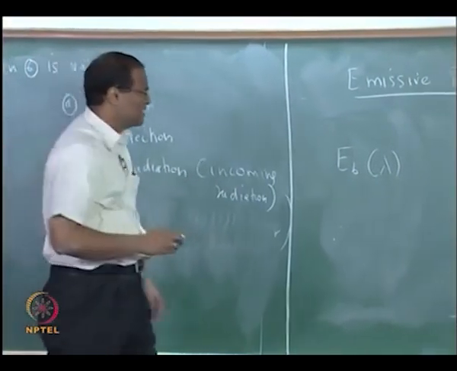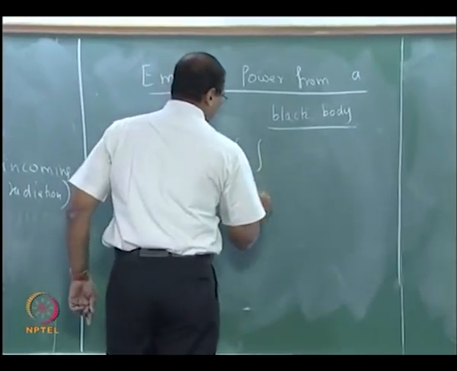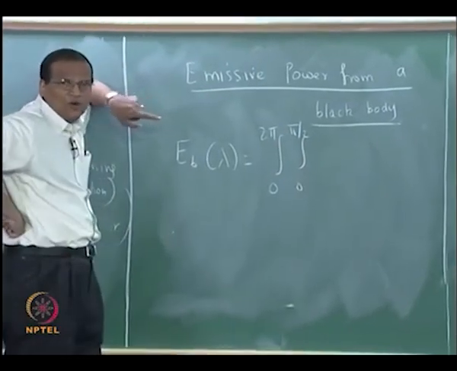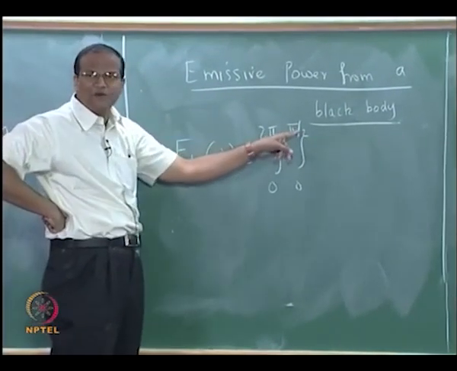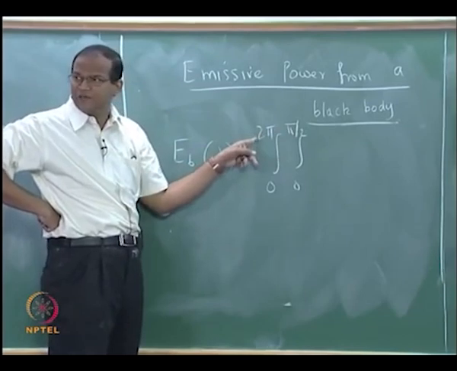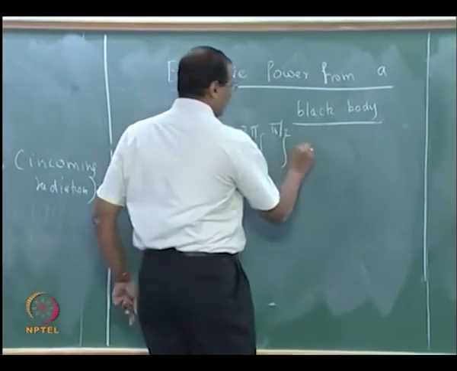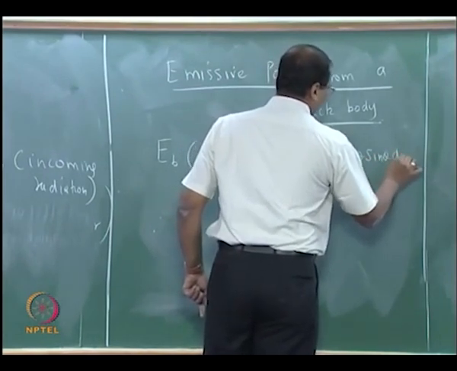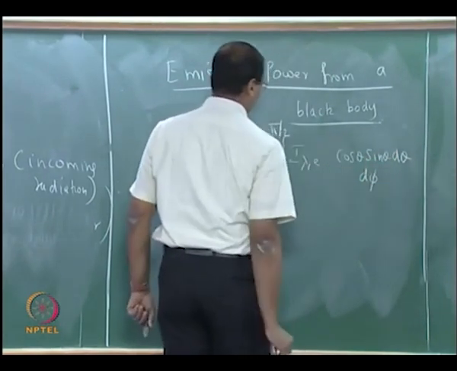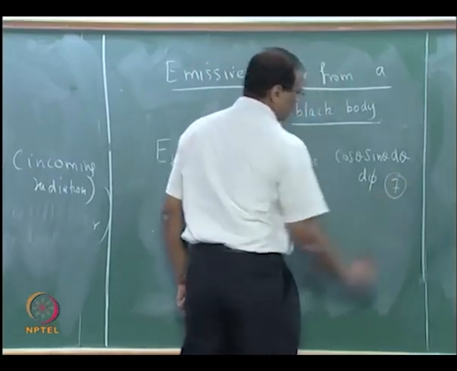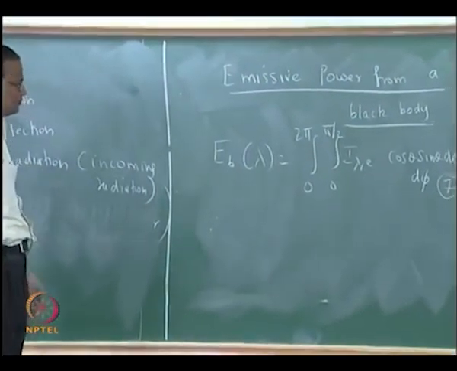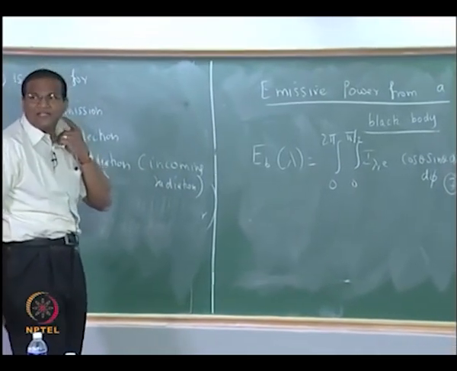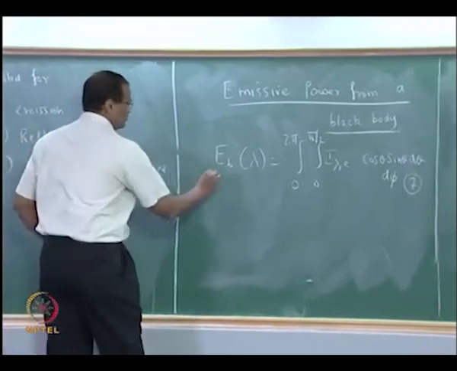E B lambda is basically given by the integral from 0 to pi by 2. I will keep using this throughout this course. This refers to the integration with respect to theta, this refers to the integration with respect to phi. Okay. So I lambda E. What is equation number 7? It is called the spectral hemispherical emissive power. Okay.